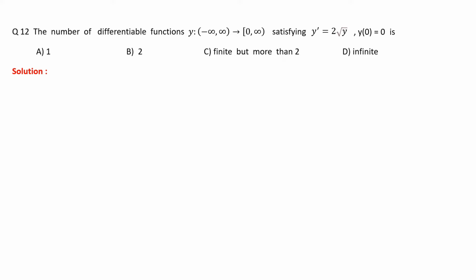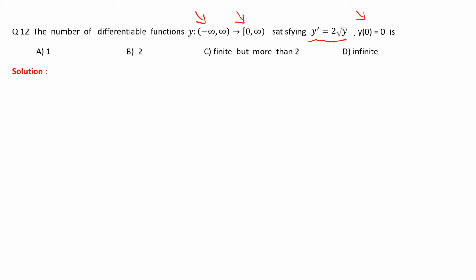Now basically in this question we have to tell how many differentiable functions can be formed which meet these given conditions. First one is its domain is capital R, its range is greater than or equal to 0. It must satisfy this differential equation and its value at x equal to 0 should be 0.